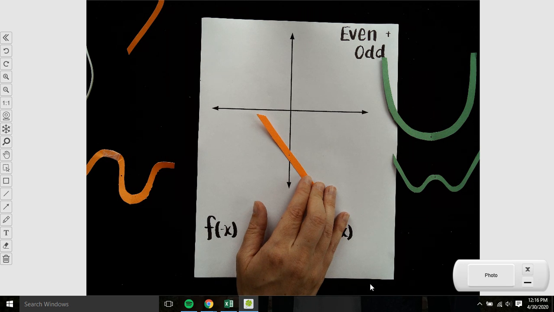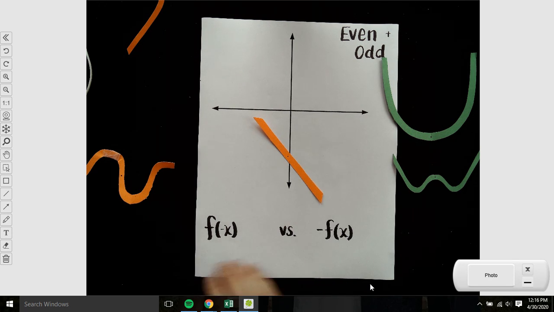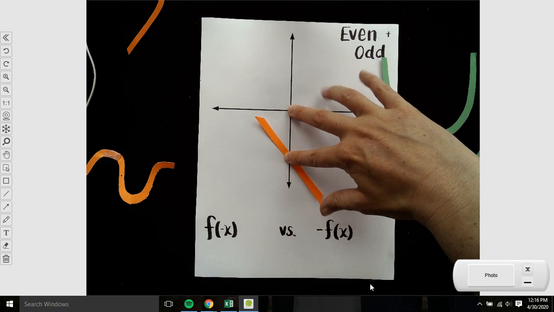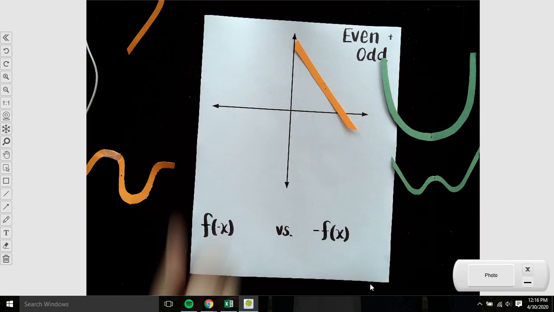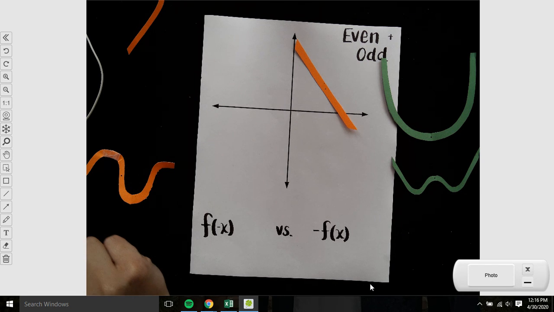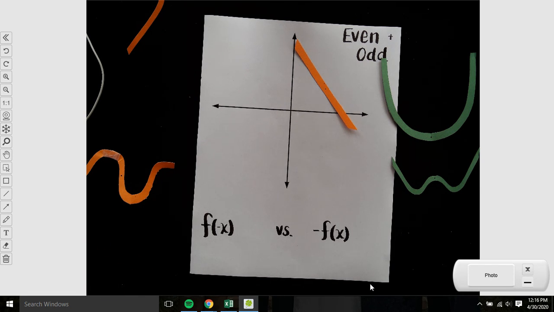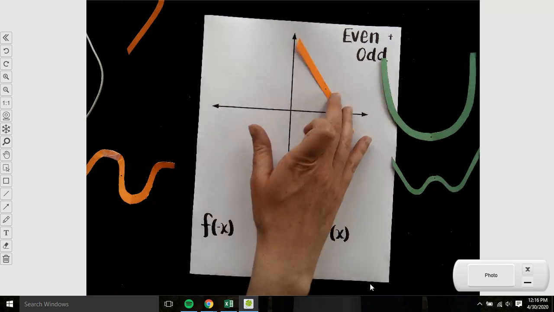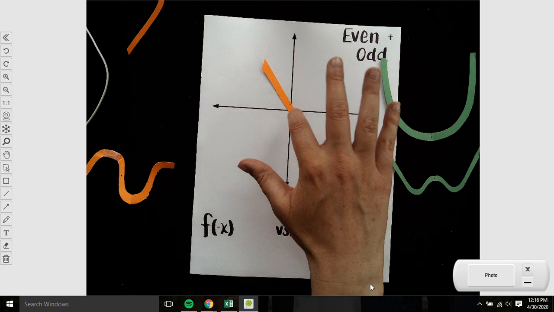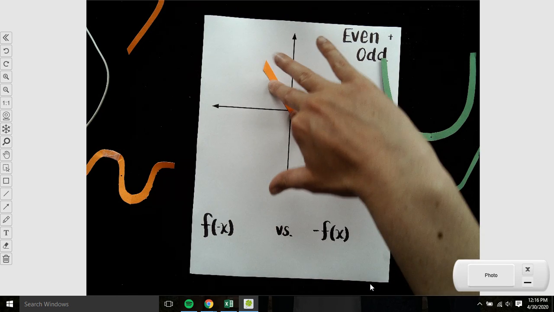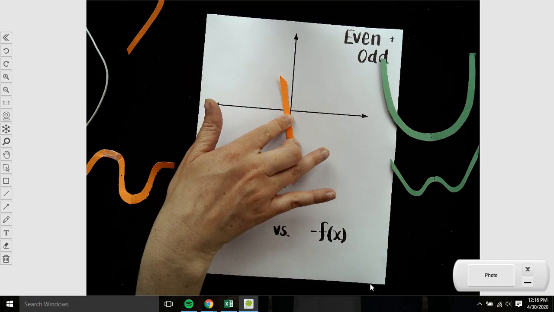If I were to move this down here and I rotate this 180 degrees, it is no longer an odd function. So for an odd function, it's important that it goes through the origin. There are a couple that don't go through the origin, but not many. So you're really looking for, if you centered it around the origin, rotated 180 degrees, is it the same?